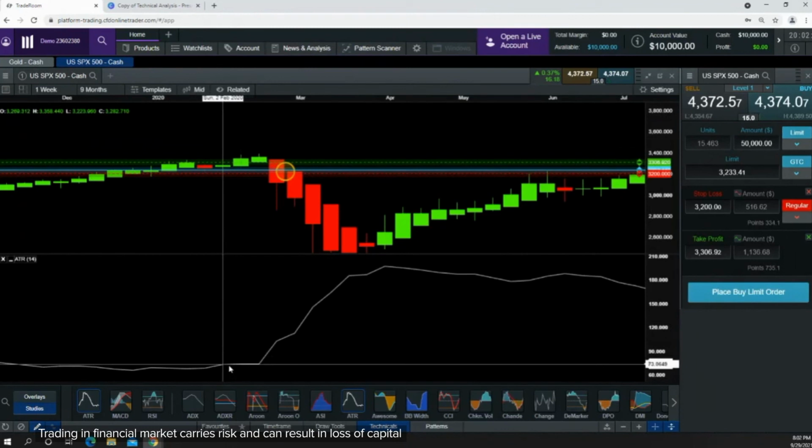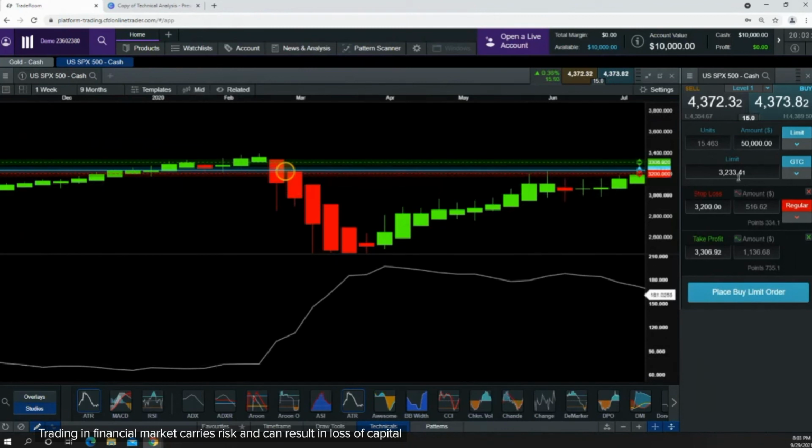In that case, my ATR is $73. So I entered at, let's make it a round figure so it's easy for you to understand, 3220. Let's say you entered at 3220.